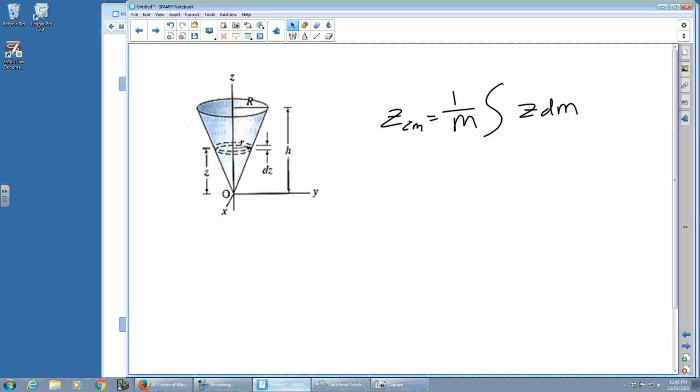All right, so now we have to make a decision like we've done with 2 of these. With dealing with the mass of the cone, are we going to deal with the mass as the summation of all of the little masses, or are we going to say, hey, I know the formula for the mass of a cone?